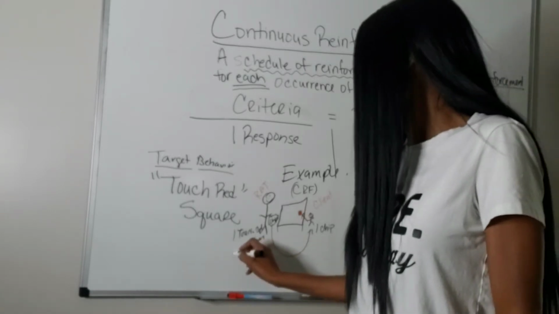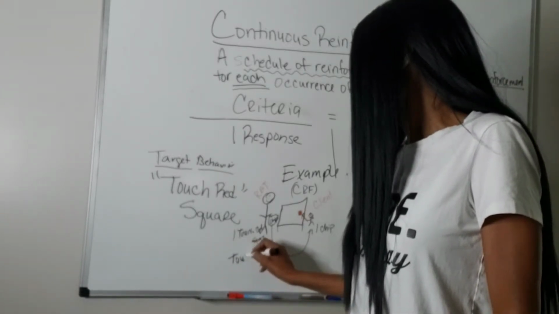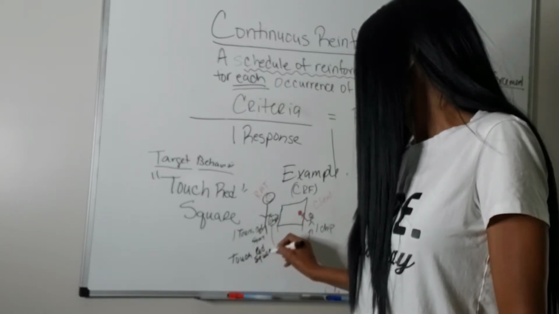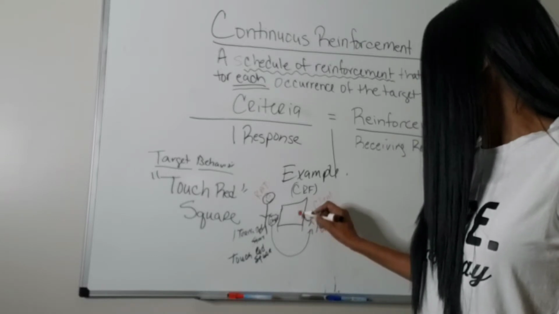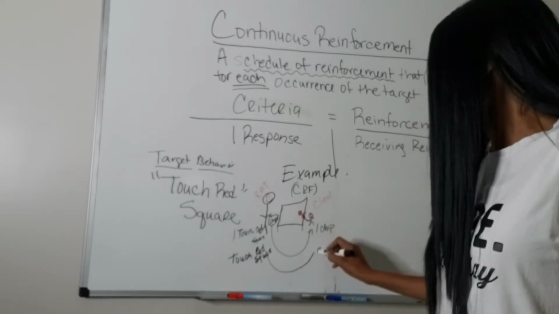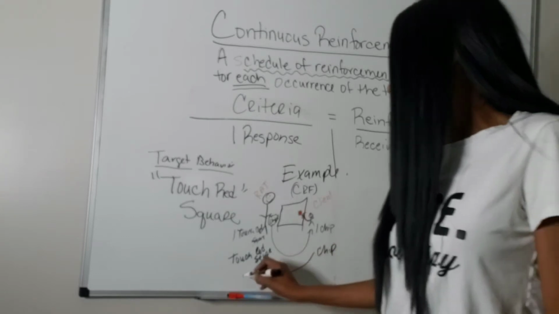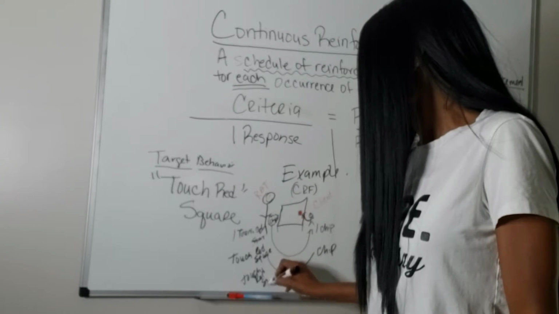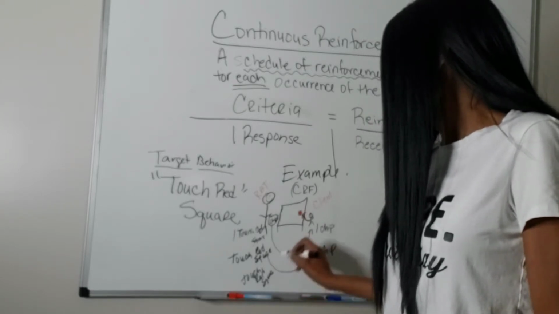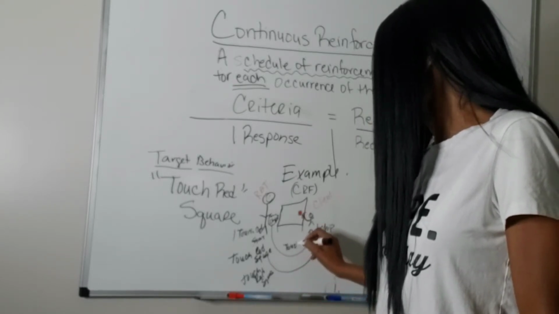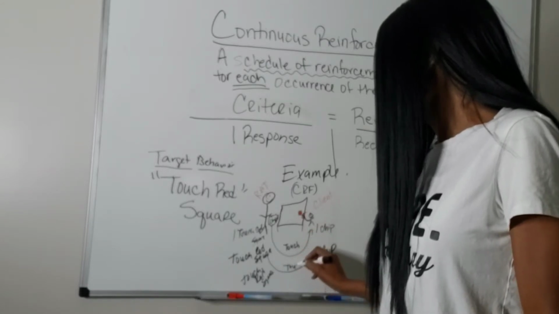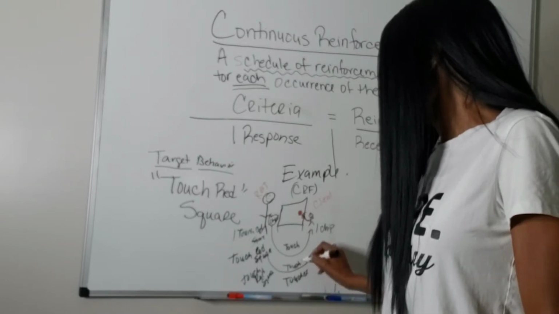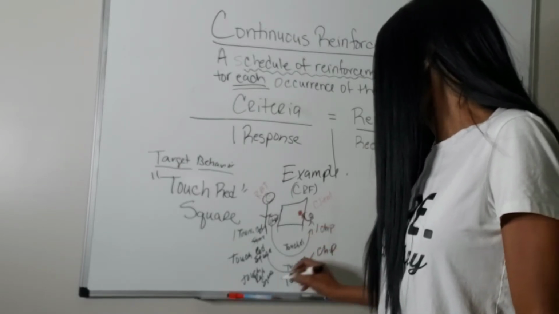They say it again, touch red square, they touch it, they get a chip. They say touch red square, they touch it, the client actually touches, then they're getting the chip.